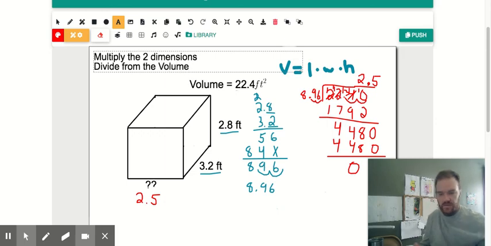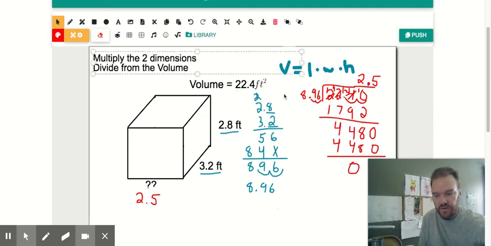Those are your 2 steps. That's all you guys have to worry about. All right.